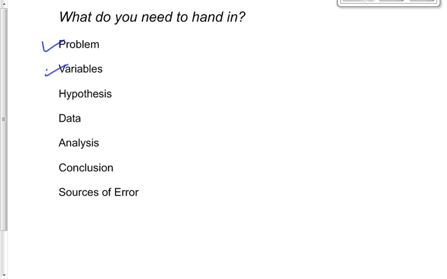Your hypothesis. Remember, if the radius increases, if the radius blank, then the speed will blank. The speed's going to increase. The speed's going to decrease. The speed's going to increase linearly. It's going to increase exponentially. It's going to increase by a factor of v cubed, v to the 2, or whatever.